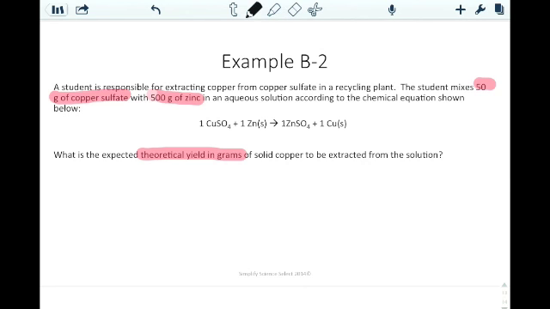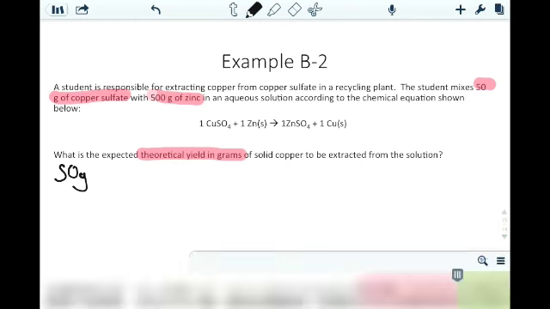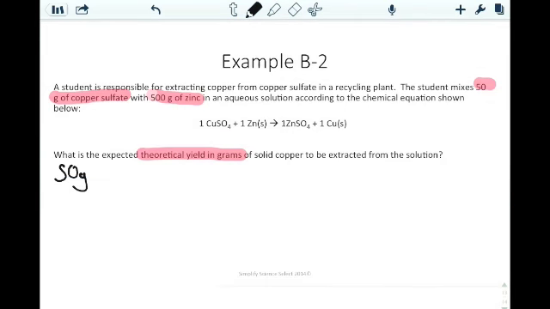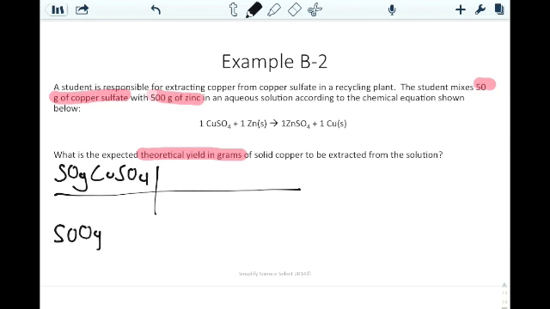It's already given us a nice balanced chemical equation, so all we've got to do is start with what it gives us. So we have 50 grams of our copper 2 sulfate, CuSO4. Go ahead and set that up, and then the other reactant that we have is 500 grams of zinc, and set that up.